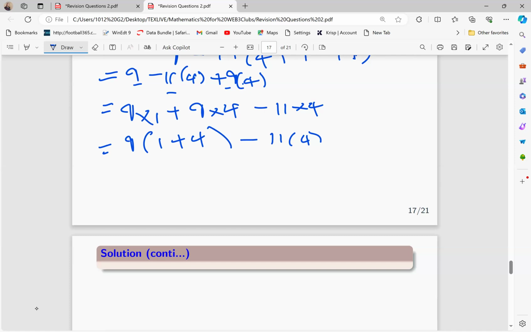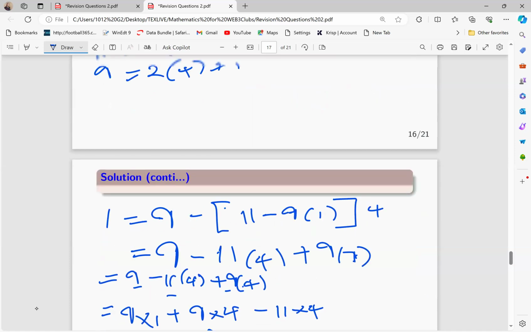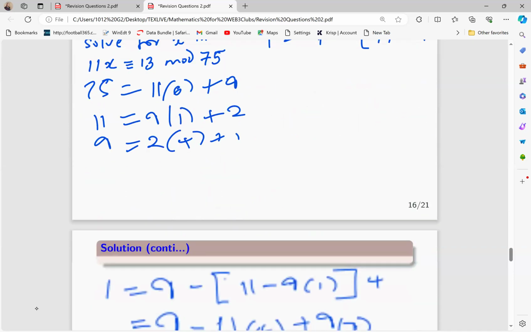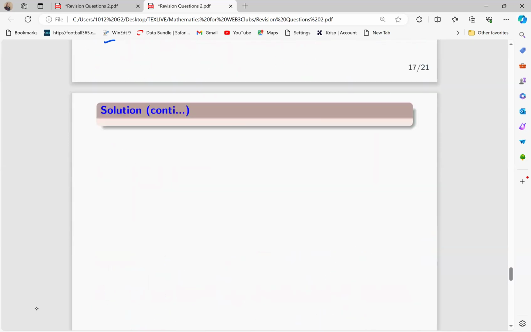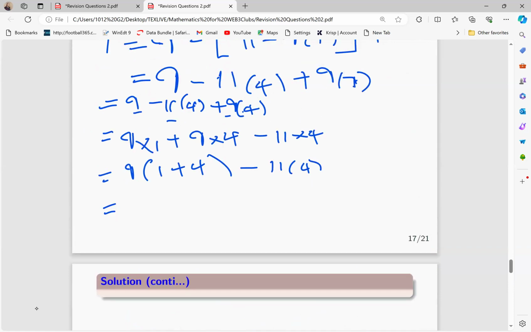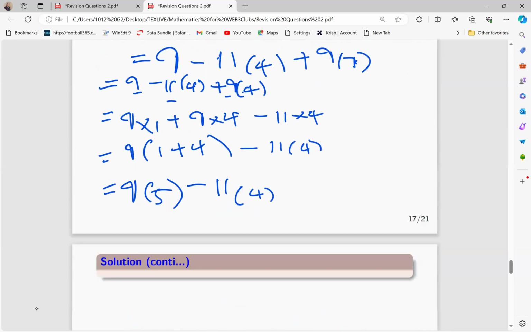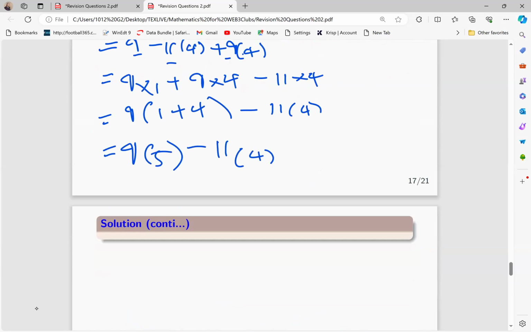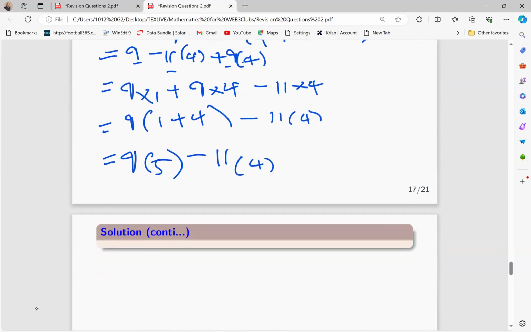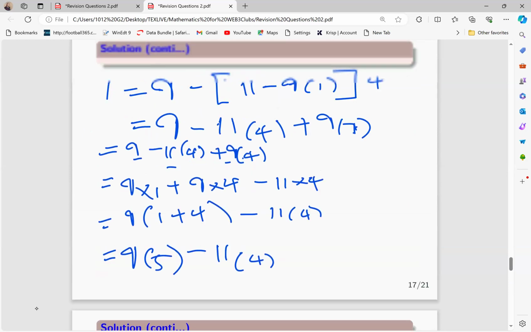So that is 9 times 5. 9 times 5, because what is inside the bracket? What is it? What is inside that bracket? Yeah, it's 9 times 9 and 5. Okay, and then now after that replace the next remainder.